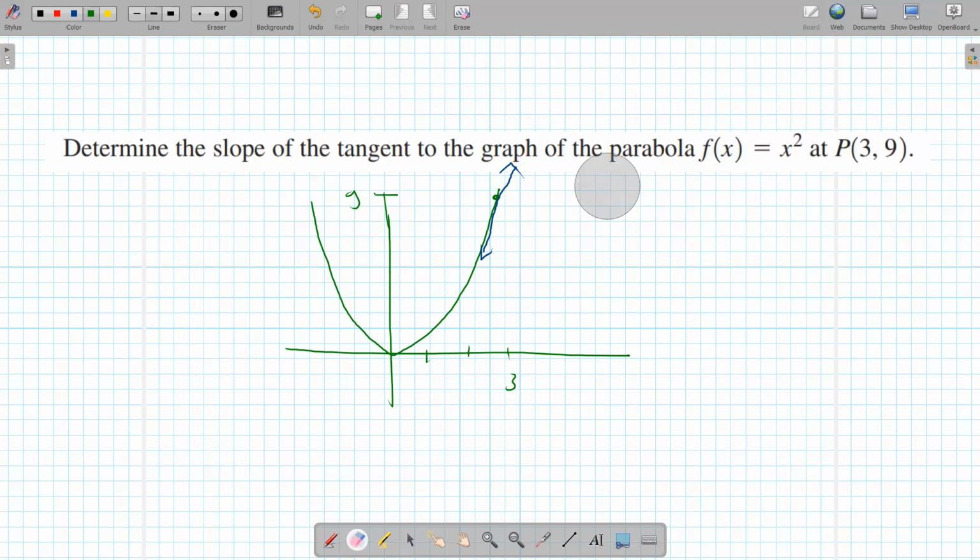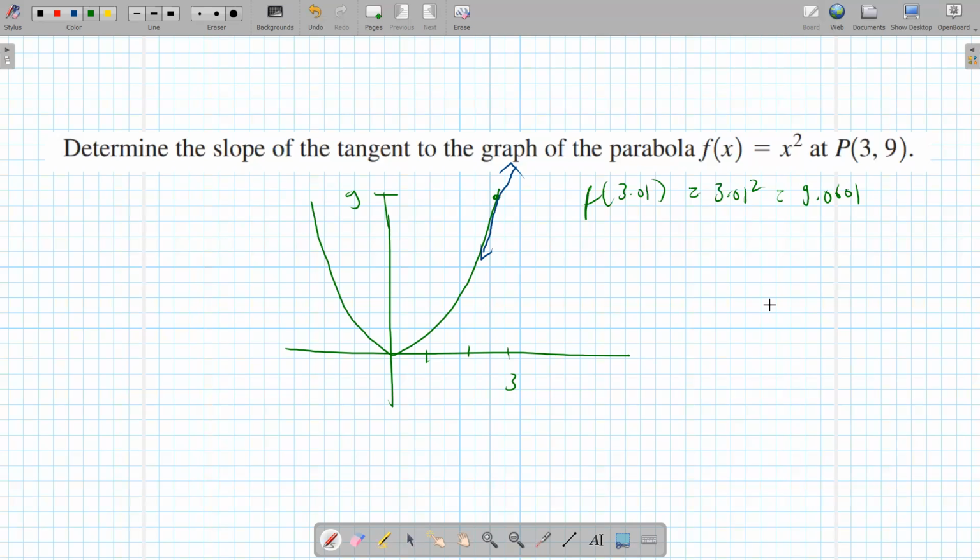So I'm going to go ahead and find the y value when x is 3.01, so slightly to the right of that point. So f of x is x squared. That means f of 3.01 will be 3.01 squared. What is this? 3.01 squared. That's going to be 9.0601. Okay?